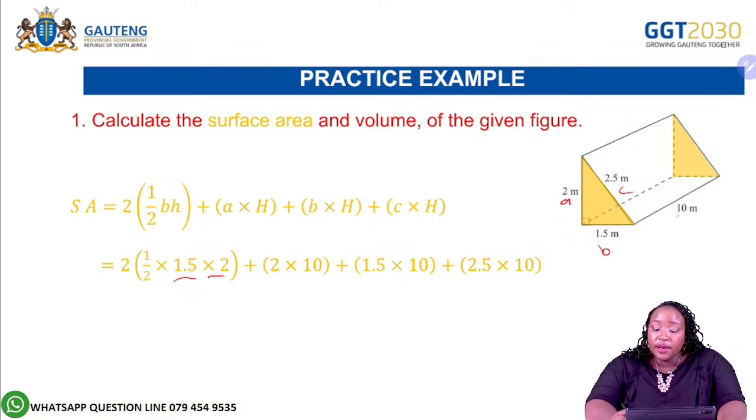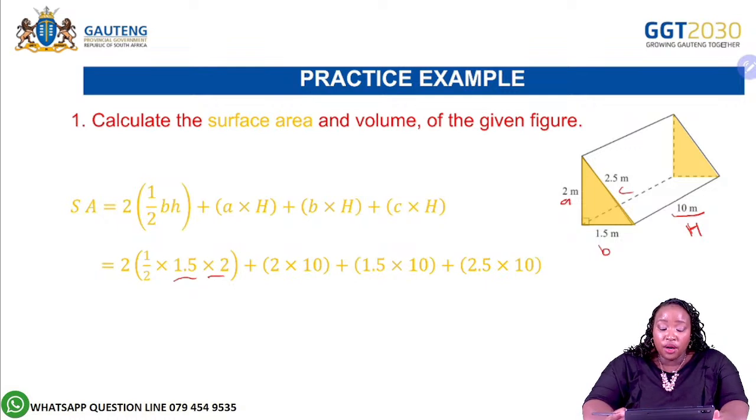And then the 10 meters, what does it represent? It represents your capital H, which is the distance between the two bases. You've got all of these, and your A is also going to be your h in this case.